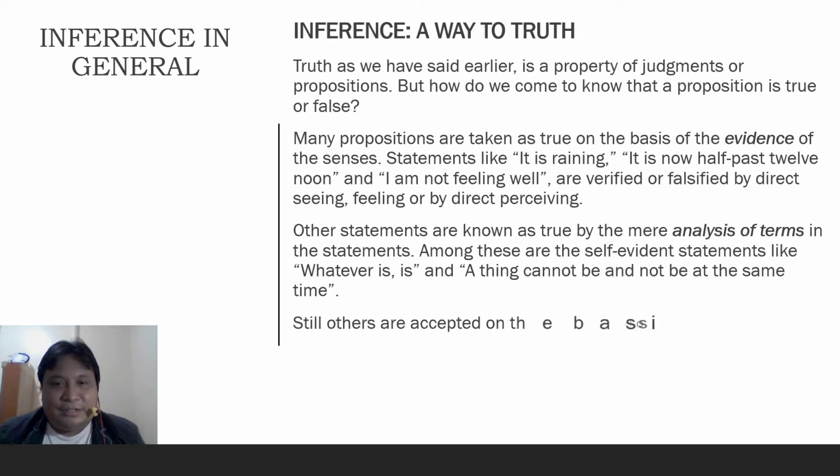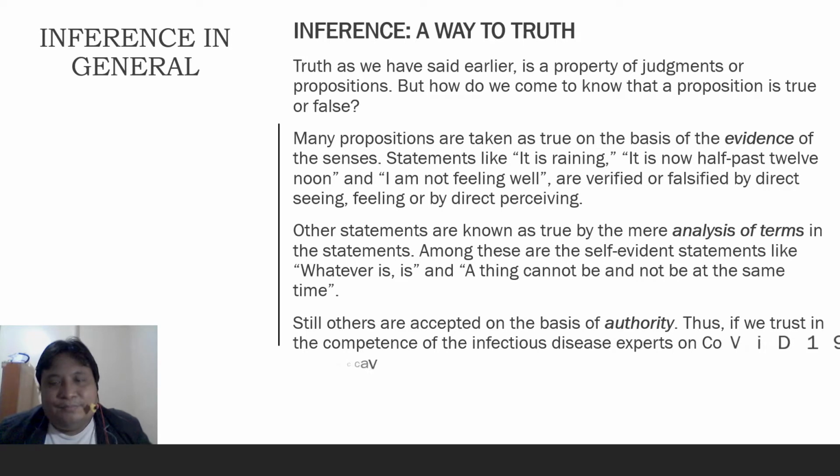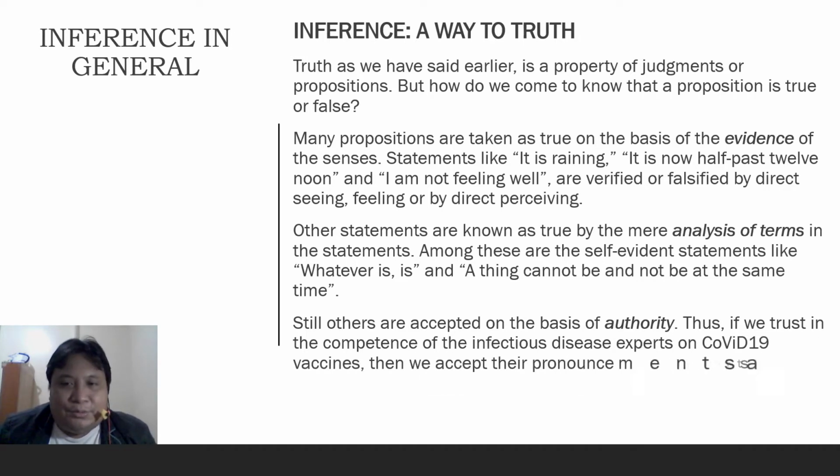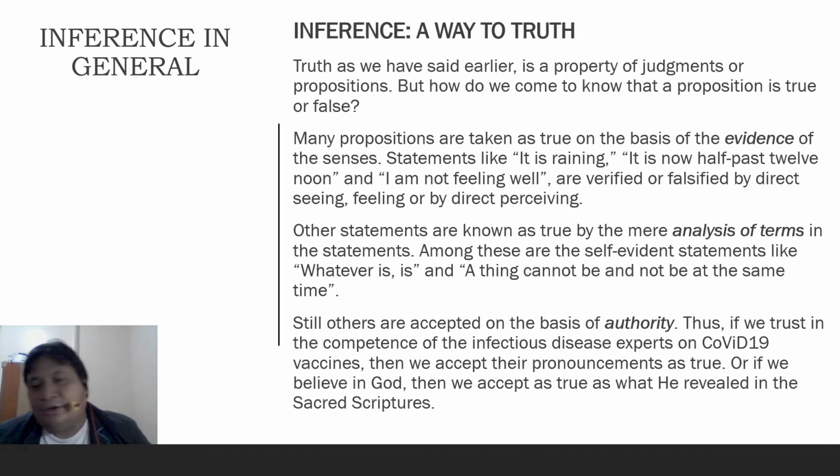And still others are accepted on the basis of authority. If we trust in the competence of infectious disease experts like the doctors on COVID-19 vaccines, then we accept their pronouncements as true. Or if we believe in God, then we accept as true what He revealed in the sacred scriptures.